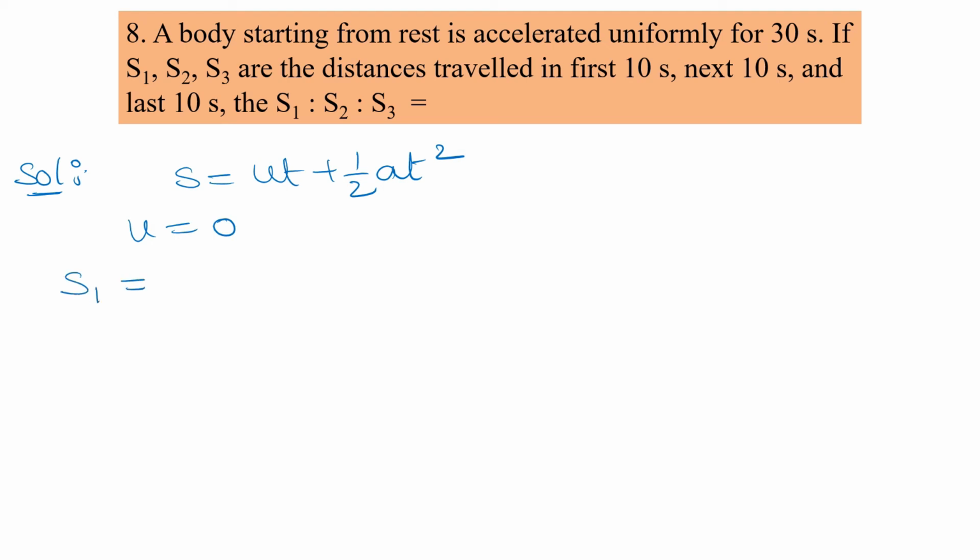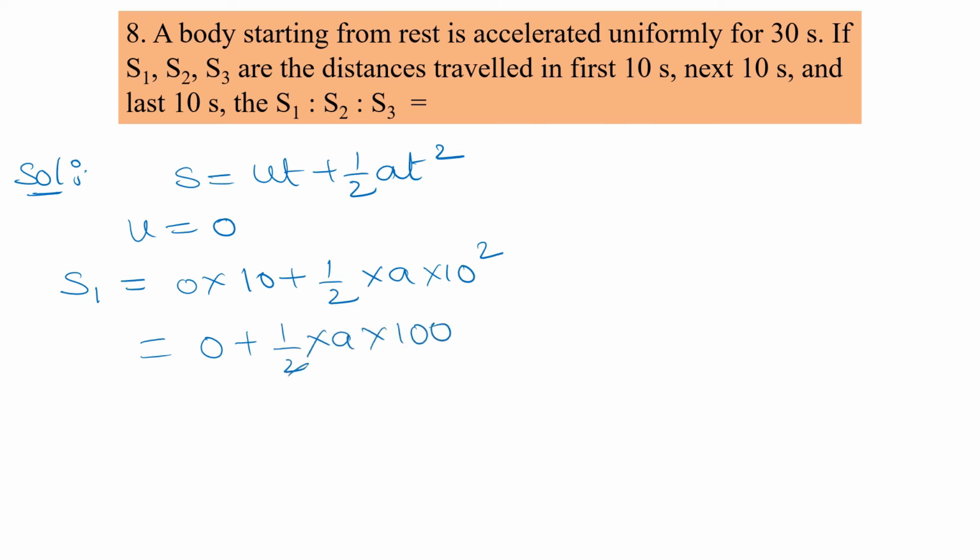So S1 is equal to 0 into t plus half a into 10 square. Substituting t is equal to 10, 0 into 10 is 0, plus half into a into 100, so S1 is equal to 50a.